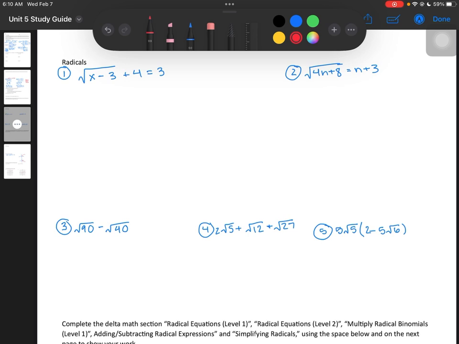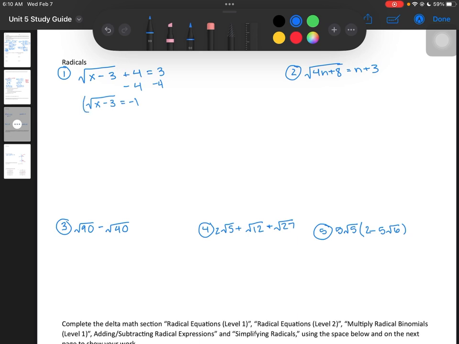So when we solve radicals, we always need to make sure to isolate the radical before we do anything else. So to isolate this radical, I'm going to subtract 4 from both sides. I get square root of x minus 3 equals -1.